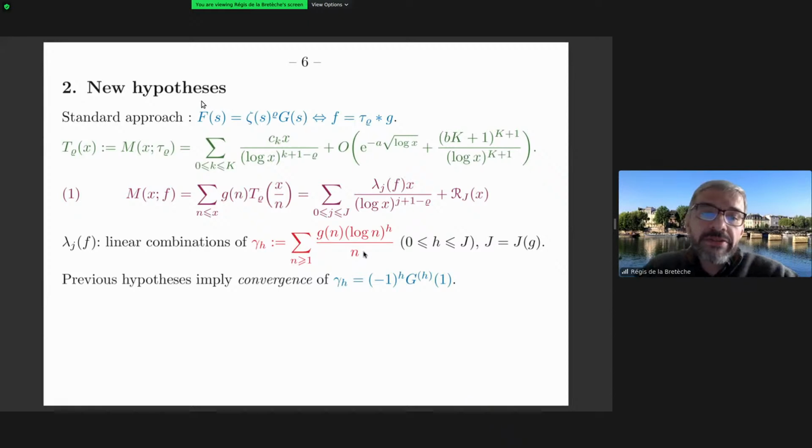So the previous hypothesis implies convergence of gamma of h, which is a derivative of the capital J Dirichlet series at one. Okay.